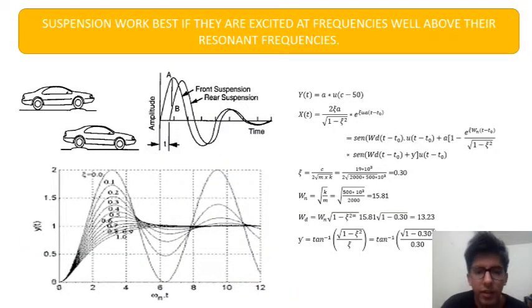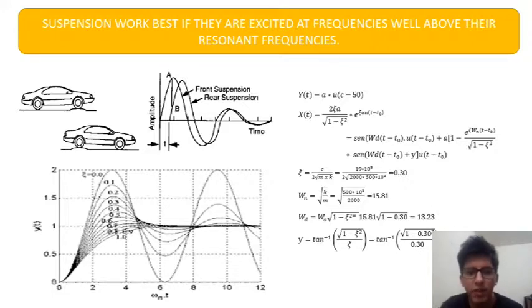Here we have that suspensions work best if they are excited at frequencies well above their resonant frequencies. This is important because when the suspension is manufactured, it's necessary to evaluate this, because the suspension system is one of the most important parts of the vehicle and gives comfort and safety to the passengers.